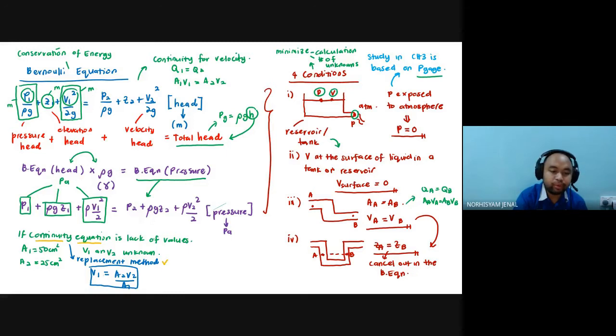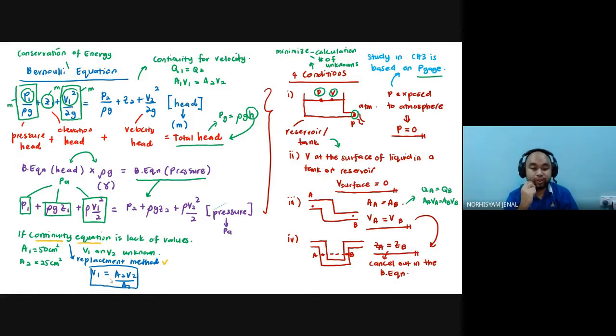Because we have a relationship for V, we can replace V1 with V2, so that instead of two unknowns, it becomes only one unknown.